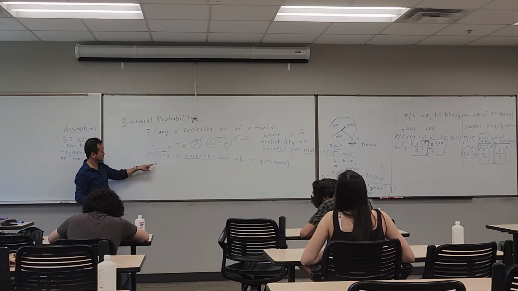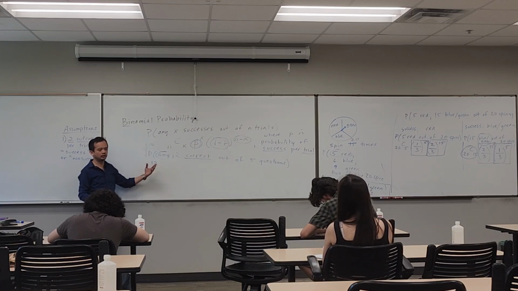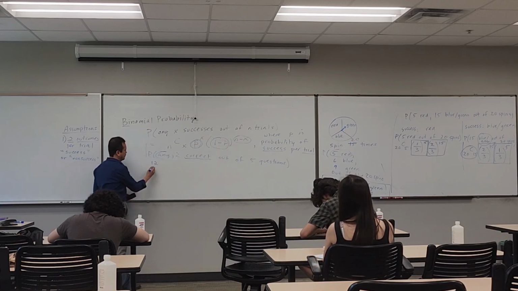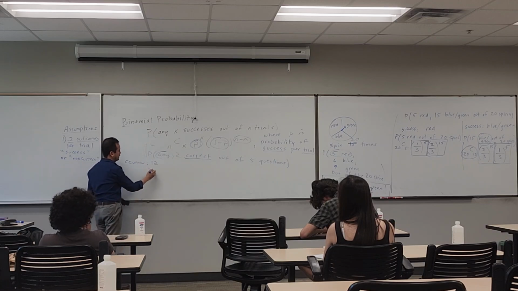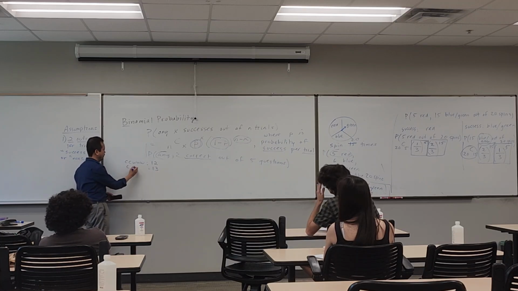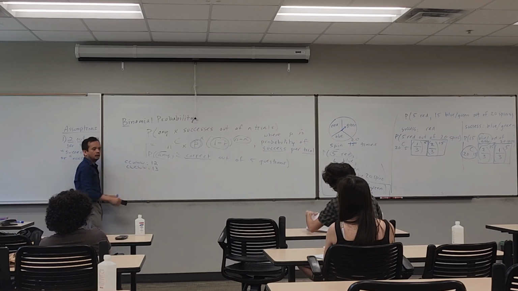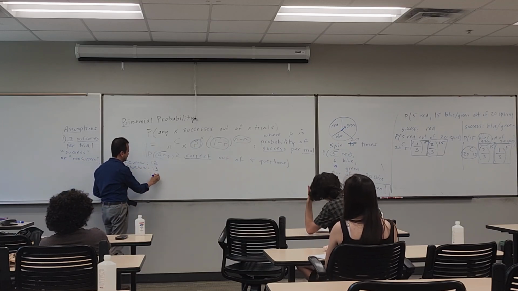So getting questions 1 and 2 correct implies getting questions 3, 4, and 5 wrong. Another way is if we get questions 1 and 3 correct, which implies that 1 and 3 are correct but the remaining are wrong, and so forth. So we wrote out all these possibilities.